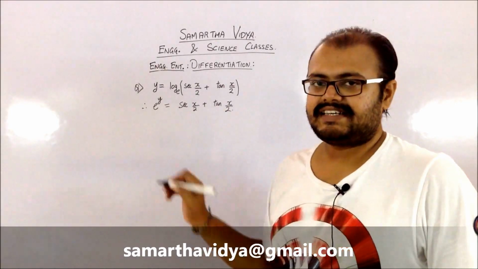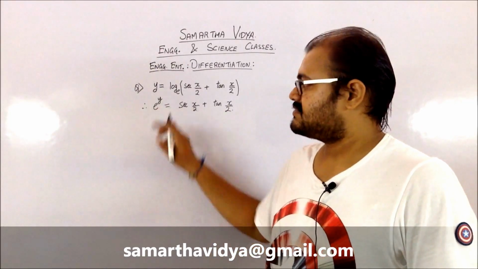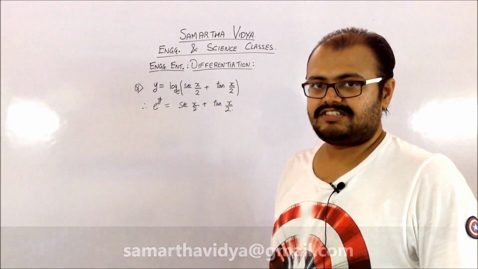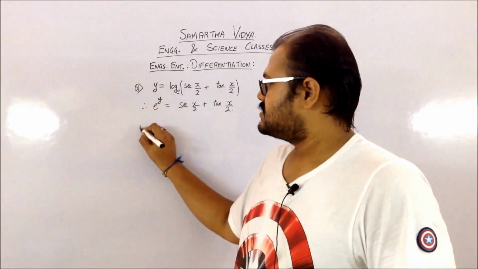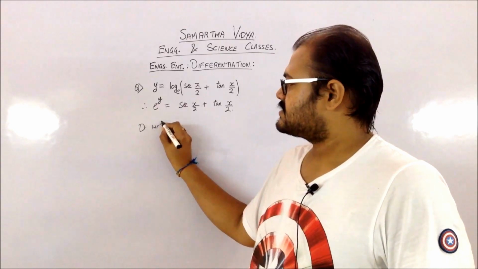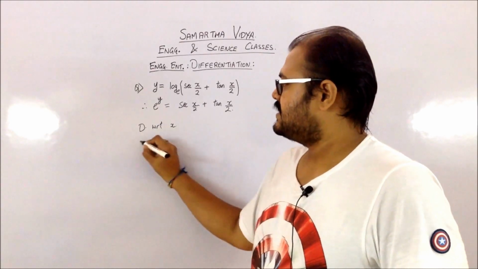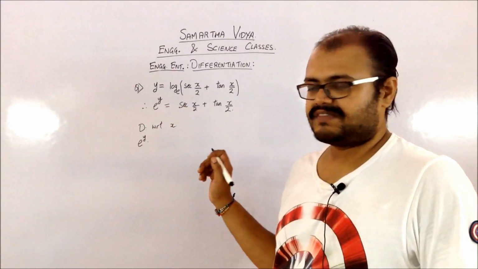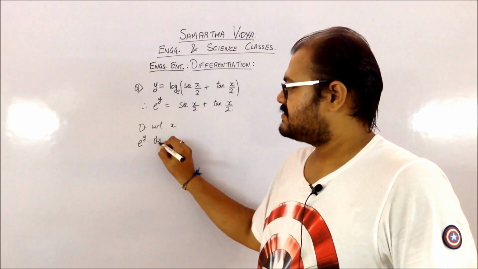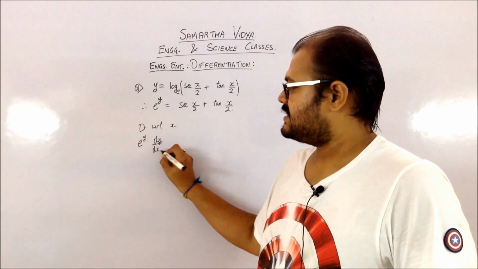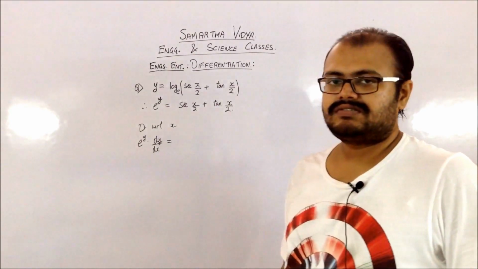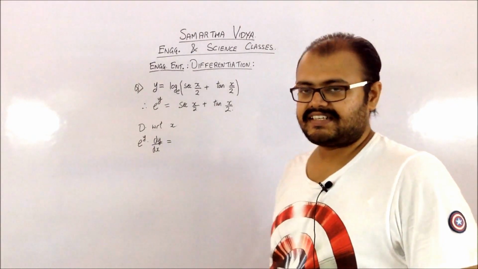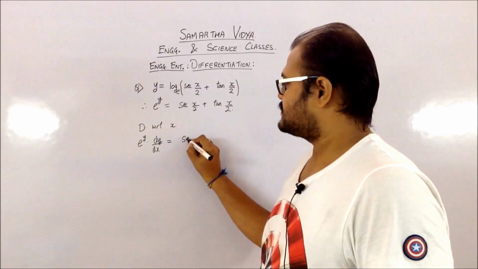So when you're taking the derivative of it, you know that derivative of e raised to anything is going to be the same thing. So differentiating with respect to x, you'll be getting this as e raised to y into, you don't have a x term over there, so that's going to be the derivative of that term, that is dy by dx, will be equal to your derivative of sec, which is nothing but sec x tan x.